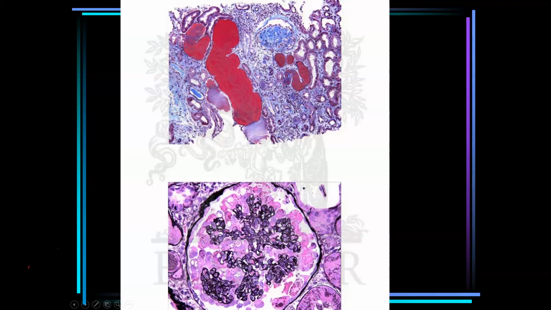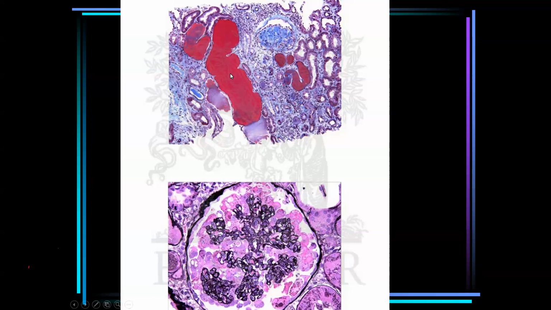In this slide, the glomerulus shows a pseudo-crescent form, or more marked proliferation of the visceral epithelial cells here in mauve color, collapsing the glomerular capillaries as you see here. This is a collapsing form of FSGS, and this is usually associated with marked dilatation of the renal tubule, making it like a cyst.